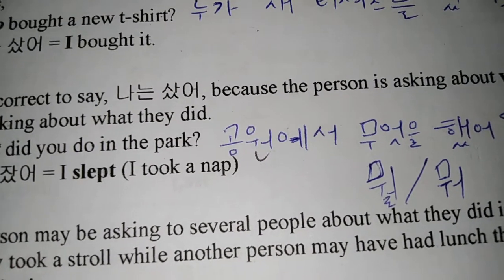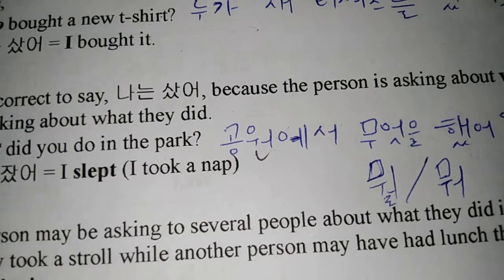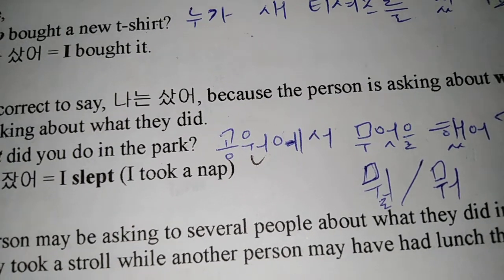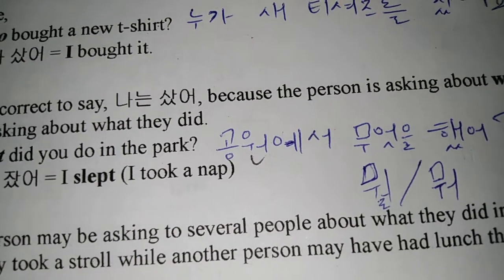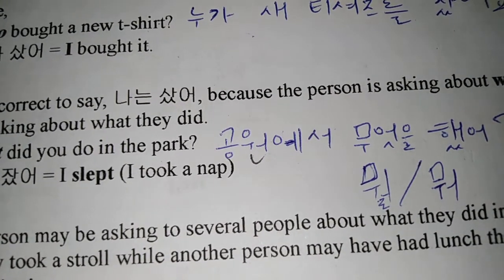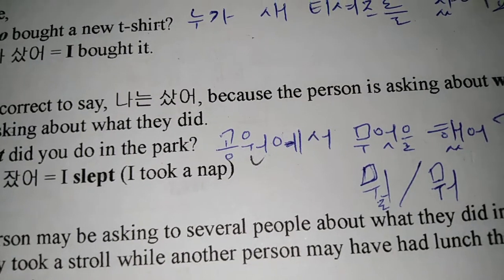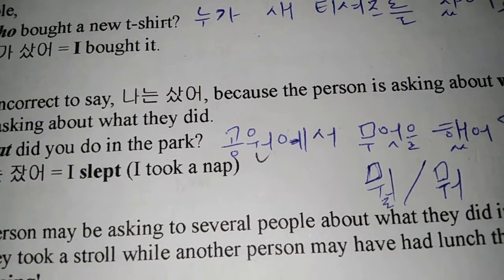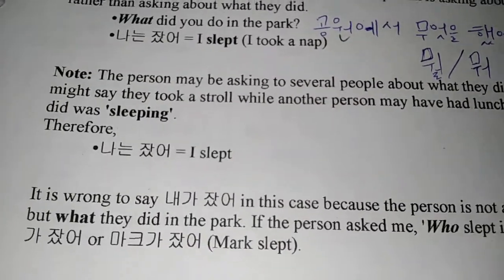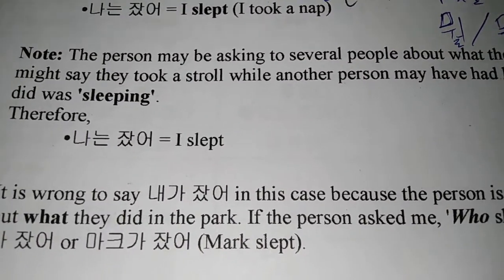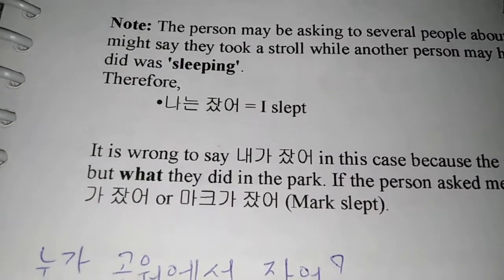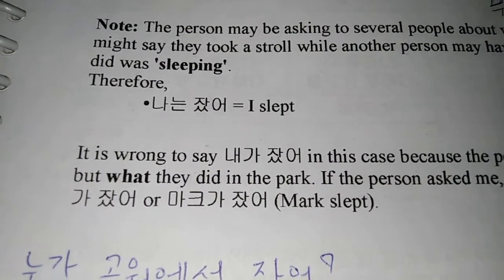I took a walk. Or 나는 잤어. That means I slept. So slept is the important thing. Na is not the important thing there. That's why we are using 는 there. I hope you understand the difference between ga and i, and neun and eun. If you have any doubts, you can put them in the comment box. I'll be answering all of them.